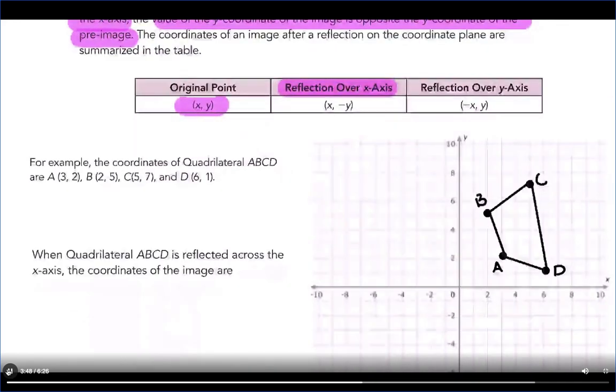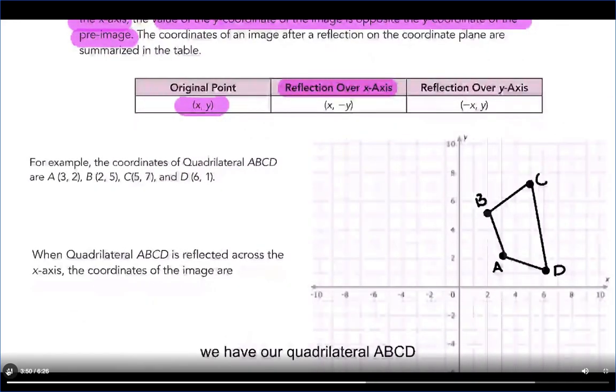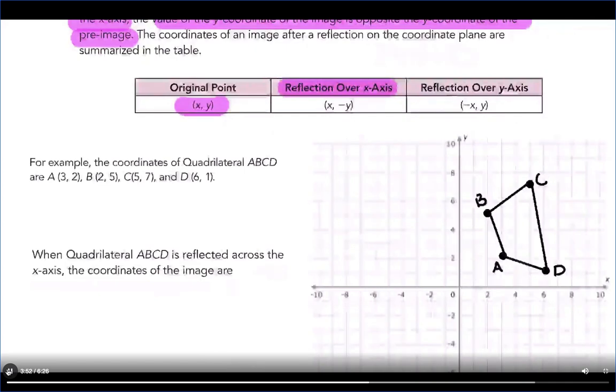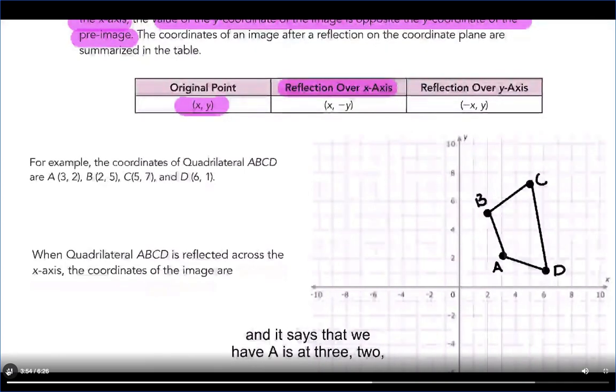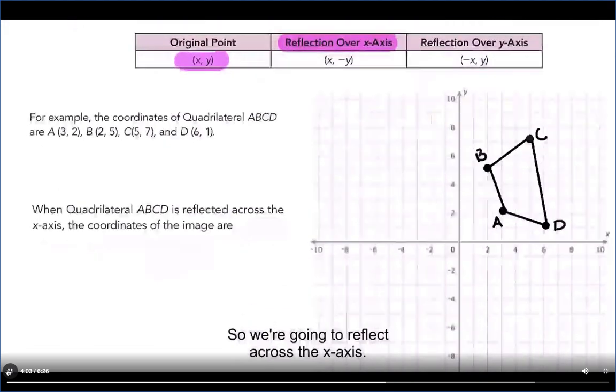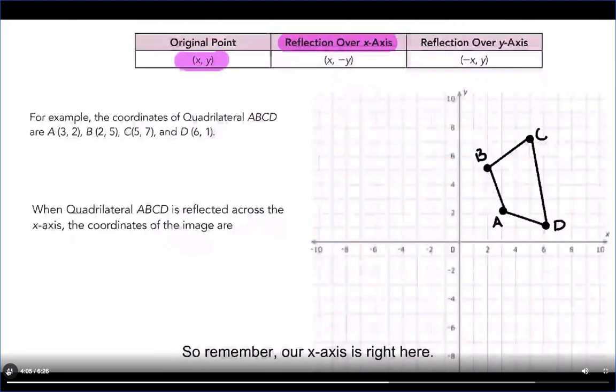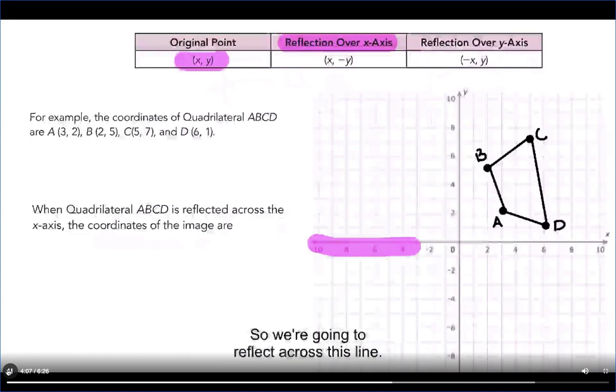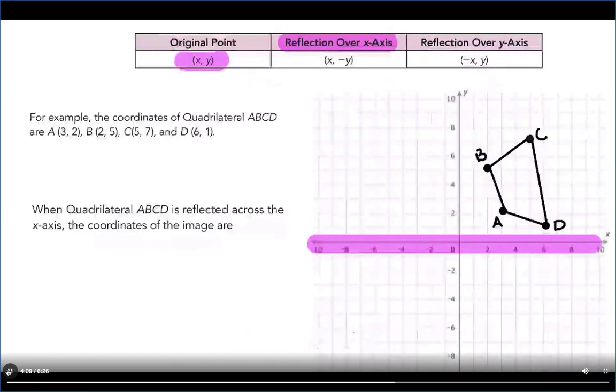Of course we have our quadrilateral ABCD. A is at 3, 2, B is at 2, 5, C is at 5, 7, and D is at 6, 1. We're going to reflect across the x-axis. Remember, our x-axis is right here, so we're going to reflect across this line.